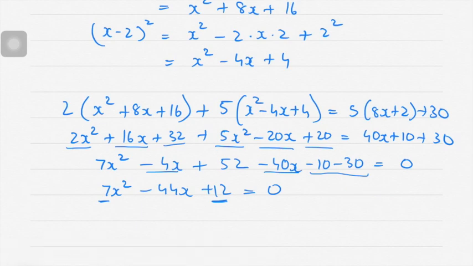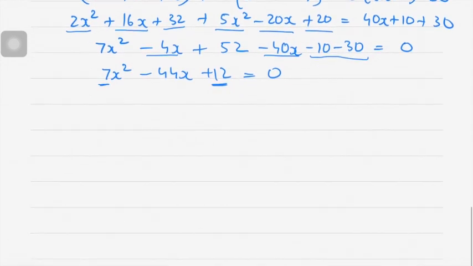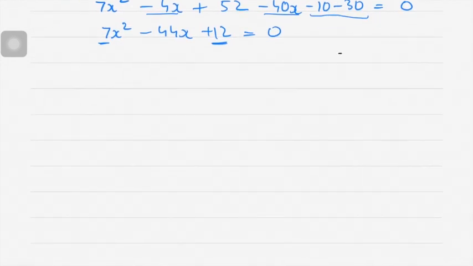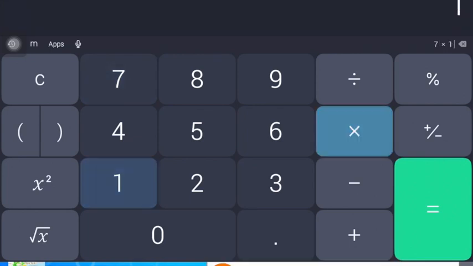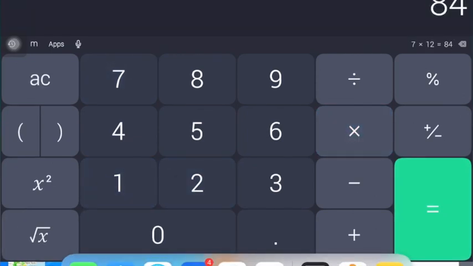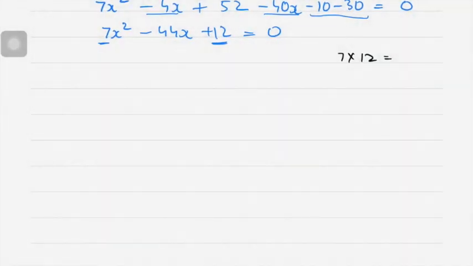Okay. So what is 7 into 12? 7 into 12 is how much? Wait, I'll write it in a different color. Okay. 7 into 12 is 84.